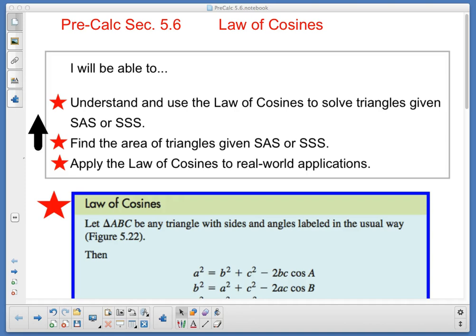I think I wrote that down wrong. Let me just double check that. Yeah, it's arc cosine, and that should be cosine. Arc cosine will distinguish obtuse angles from acute.